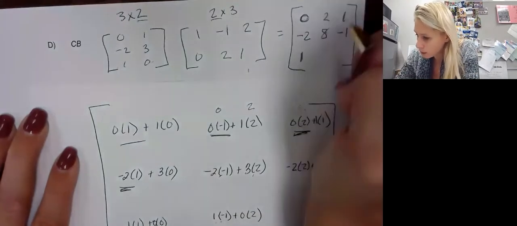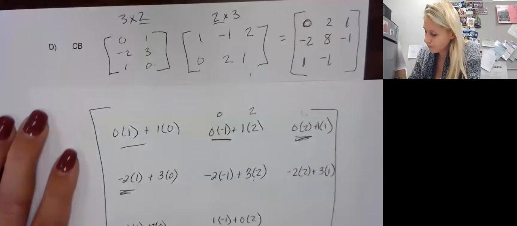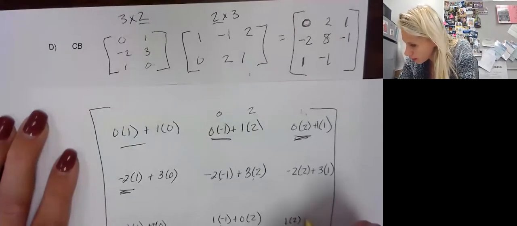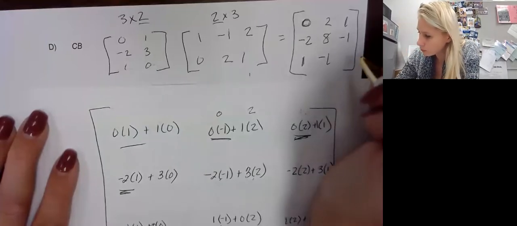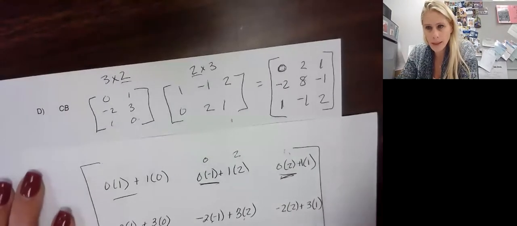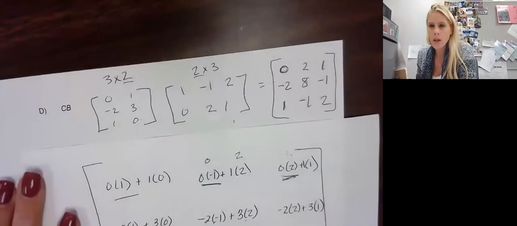Negative 1 and 0 is negative 1. And last one is 1 times 2 plus 0 times 1, which is 2. How'd we do? Did I make any mistakes? Hope not.